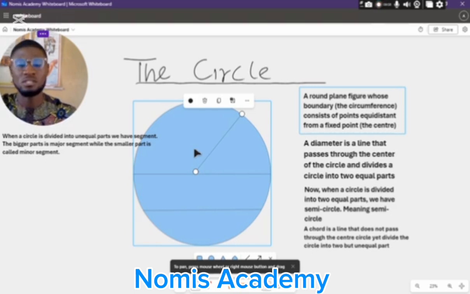Remember, what is the circumference of a circle? The circumference of a circle is the length of the round line that makes up a circle. It is also known as the perimeter of the circle. So a line drawn from the center of the circle to any point of the circumference is called the radius.